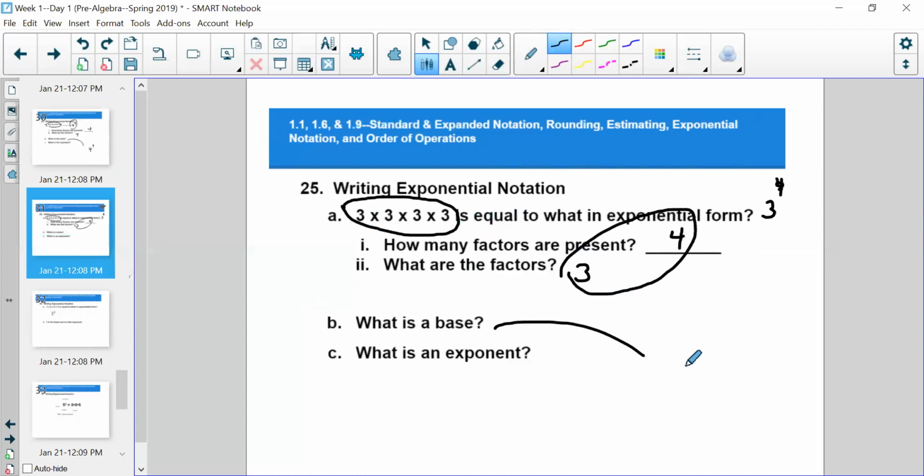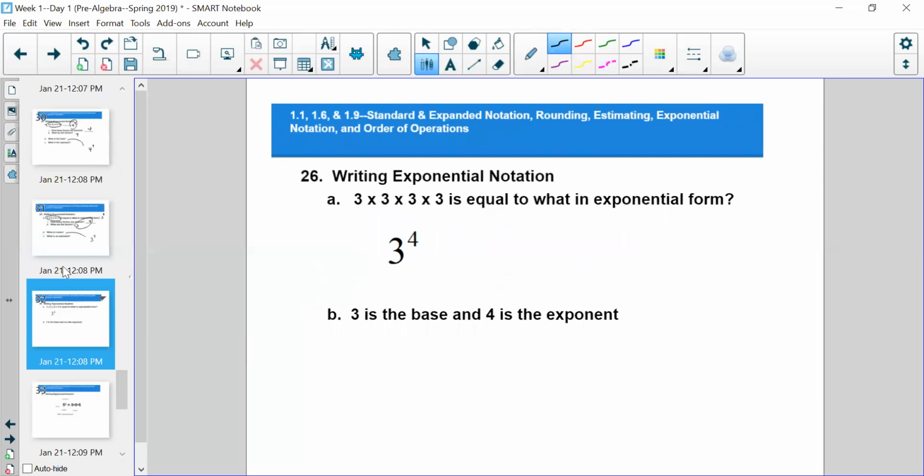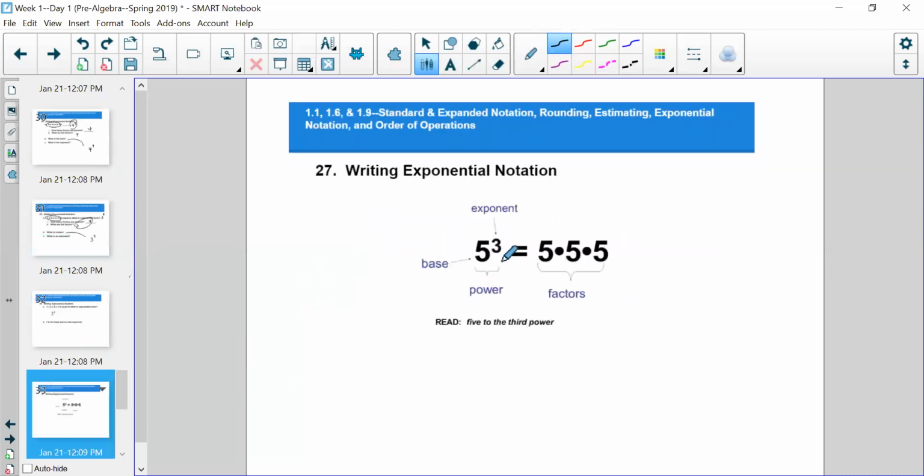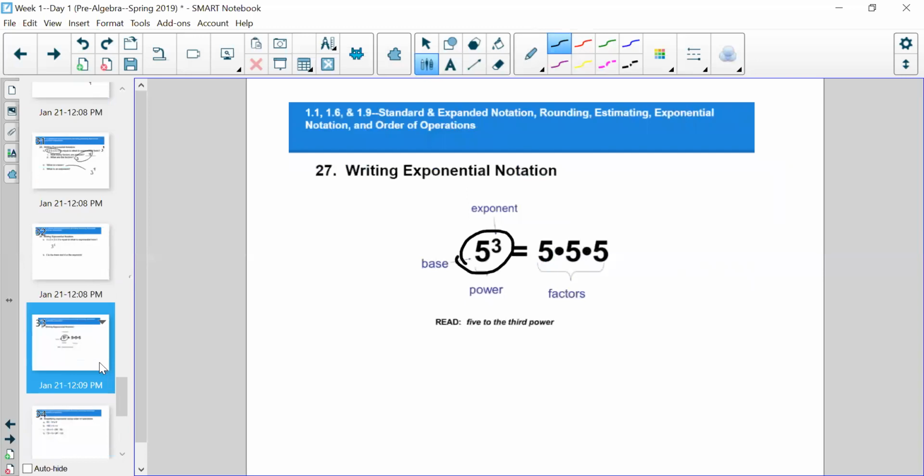The base is 3. That's the number that's being multiplied over and over. And what's the exponent? It's 4, because that's how many 3s you see. Here we've got 5 to the 3rd power, which shows 3 factors of 5. This is also called a power. 5 is the base, 3 is the exponent.